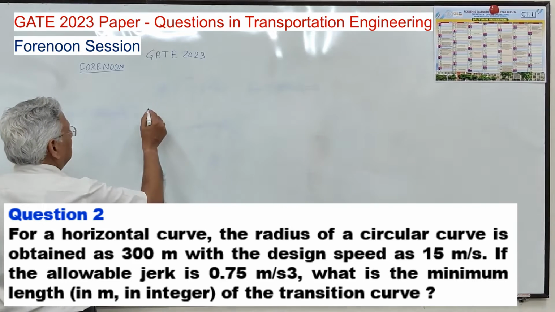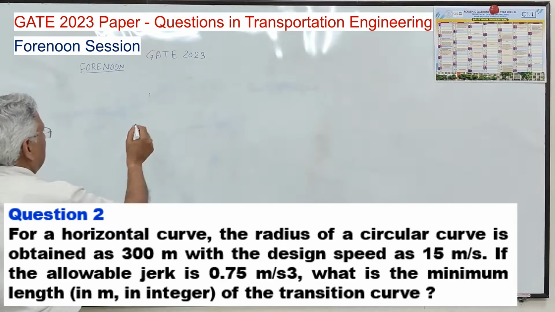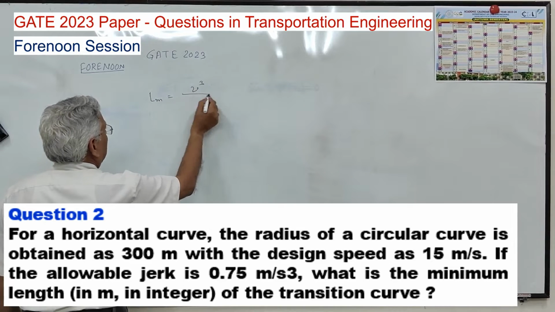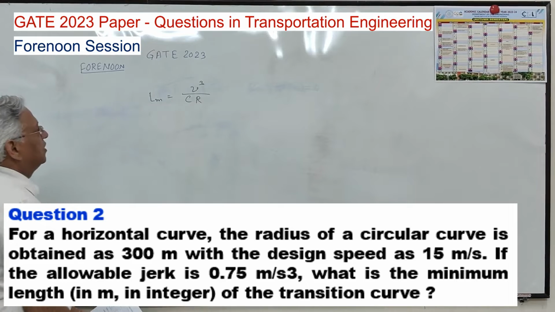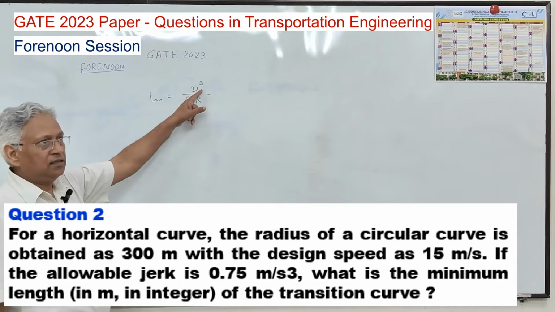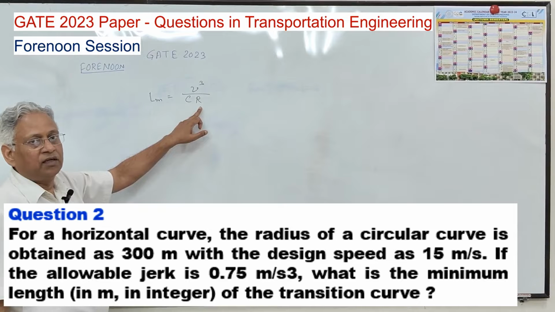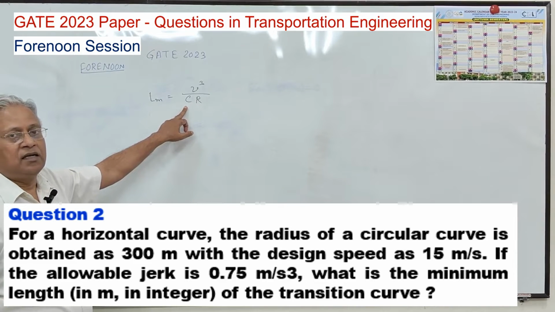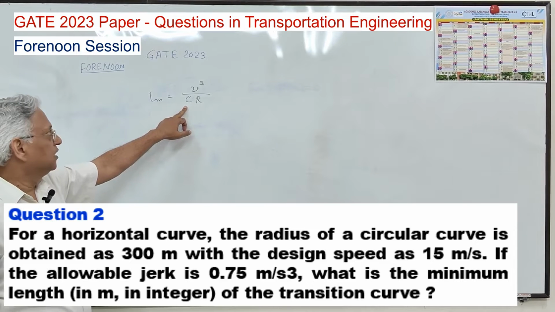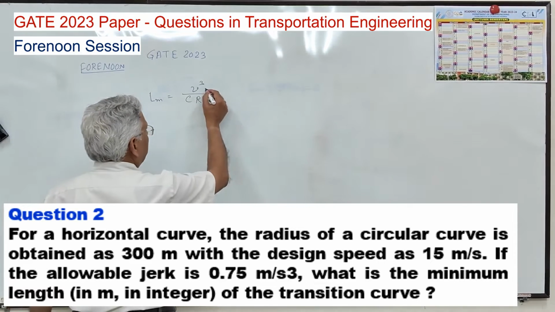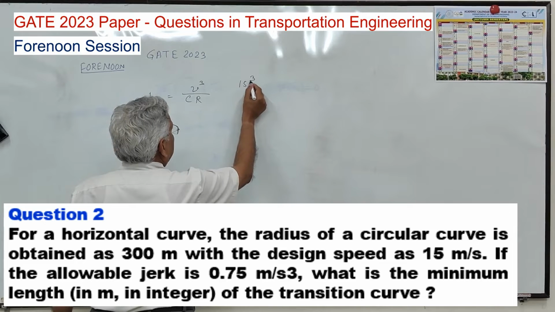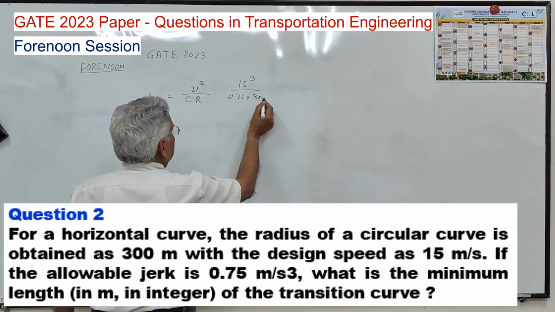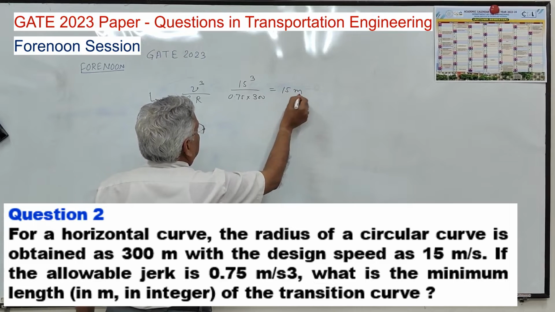Now, minimum length of transition curve, LM, is given by this equation: V cube upon CR, where V is the speed in meter per second, R is the radius of the curve in meter, and C is the rate of change of radial acceleration. That is called the jerk. Now here it is straightforward because V is given as 15 meter per second. It is 0.75 into 300. That is 15 meter. That is the answer.